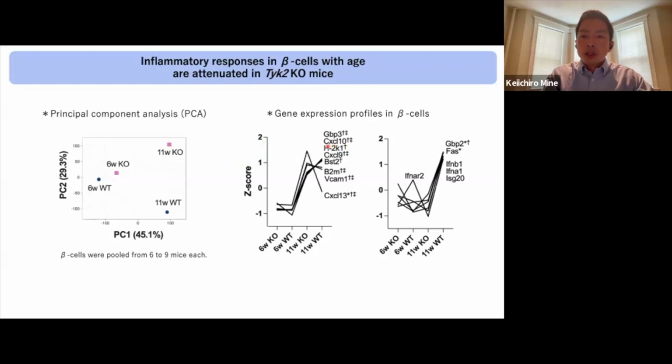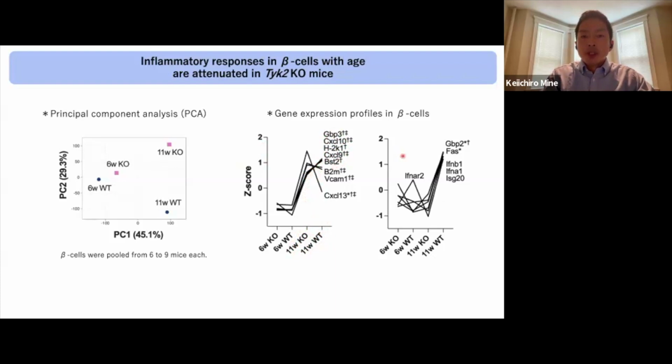Chemokines such as CXCL10 and CXCL9 and interferon-stimulated genes were slightly lower in beta cells from 11-week-old TYK2 knockout mice compared to 11-week TYK2 wild-type beta cells.